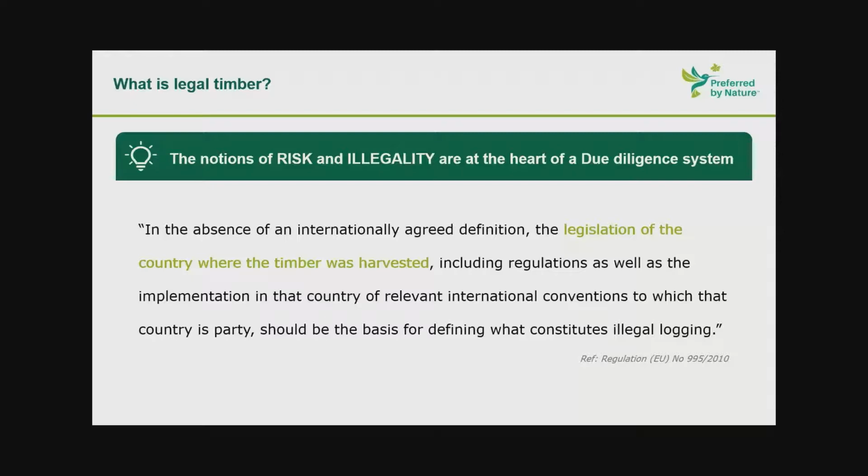Instead, we have to rely on legislation in each country of harvest. And this, of course, provides difficulties: there are maybe 100 countries where you can import wood from, so that's 100 legislations that you have to be aware of, which could become very difficult to investigate.